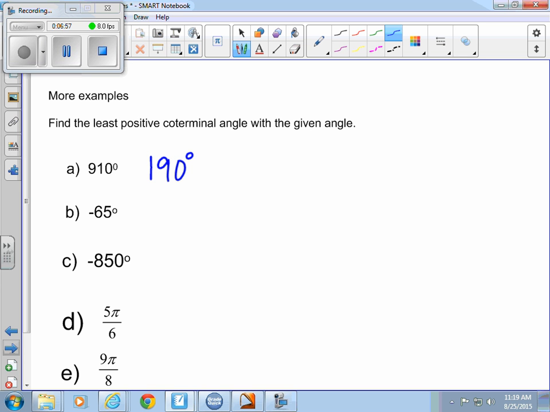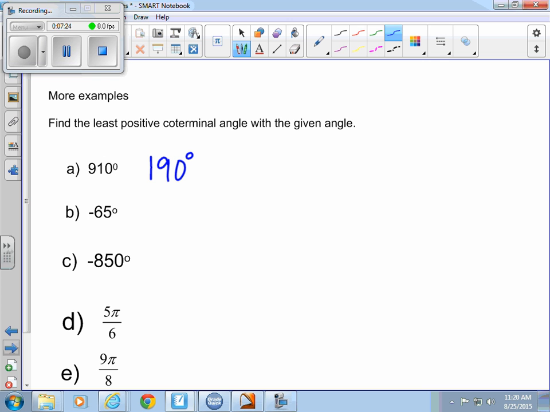It's important to us because we can work with angles between 0 and 360 a lot easier than we can work with large angles. Same thing with negatives. Being able to turn those into positive angles is nice.